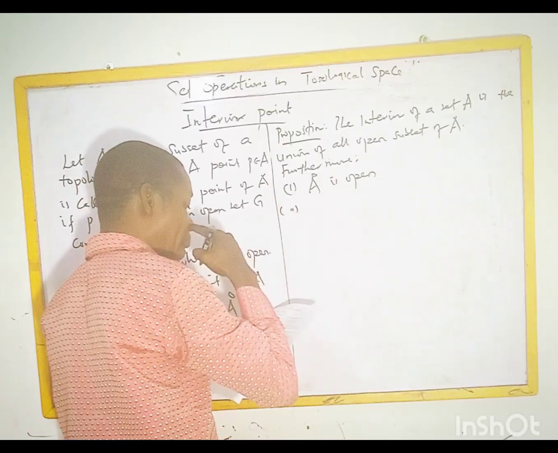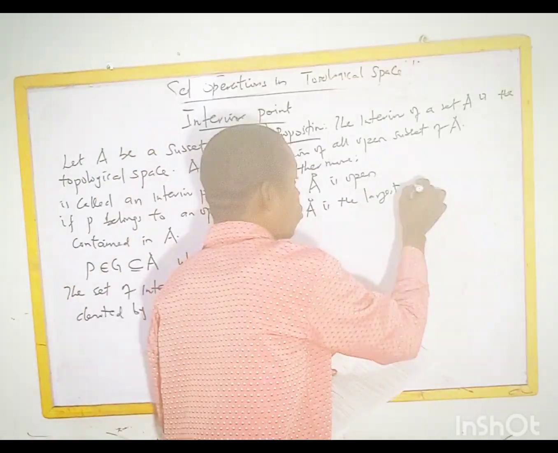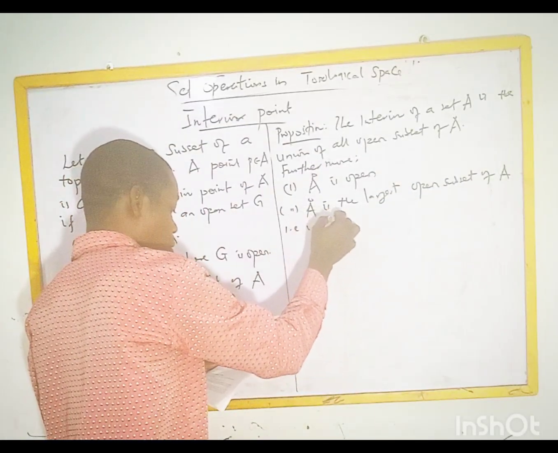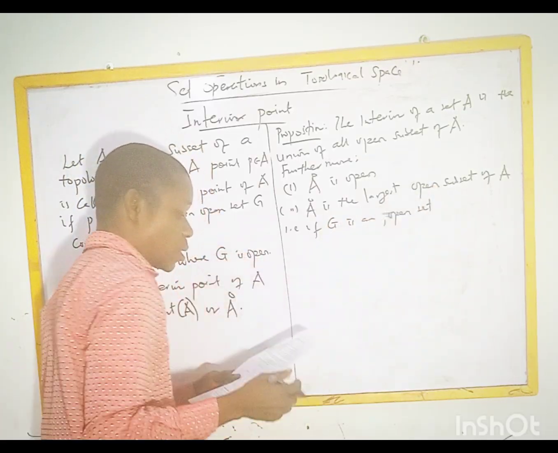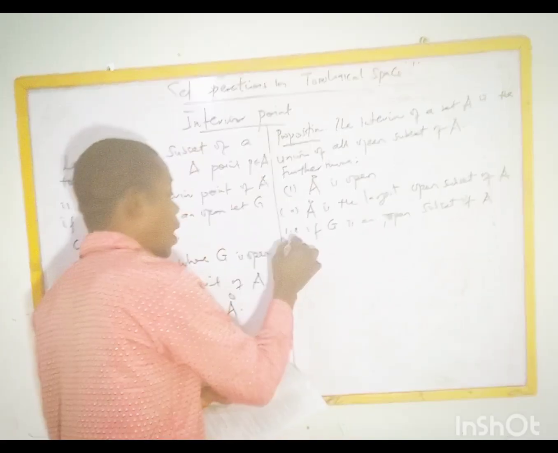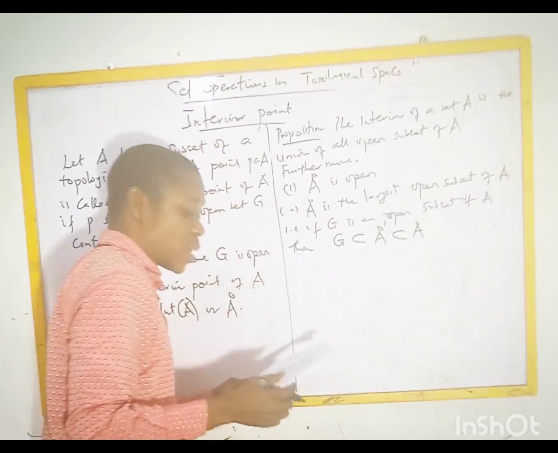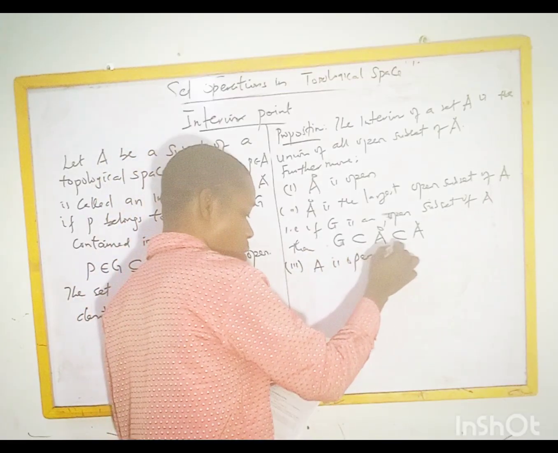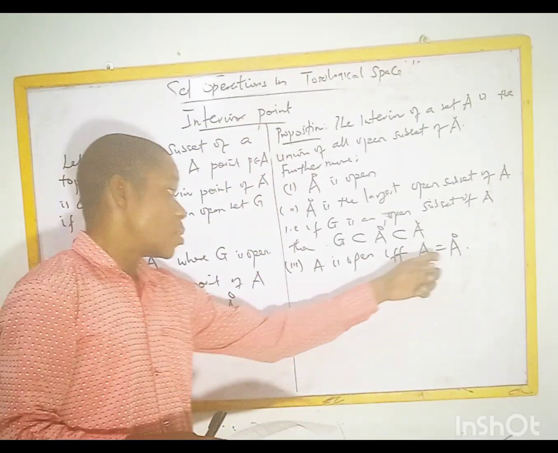Two, it is the largest open subset of A. That is, if G is an open subset of A, then G is contained in the interior of A, which is contained in A. Third, A is open if and only if A is equal to its interior.